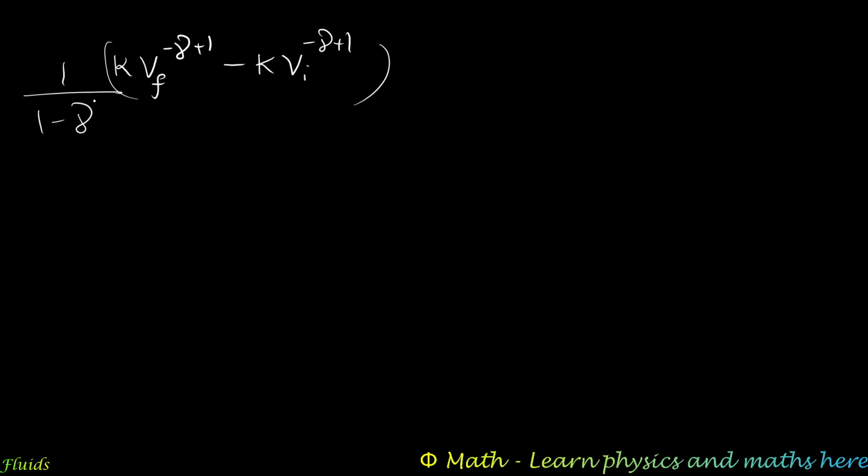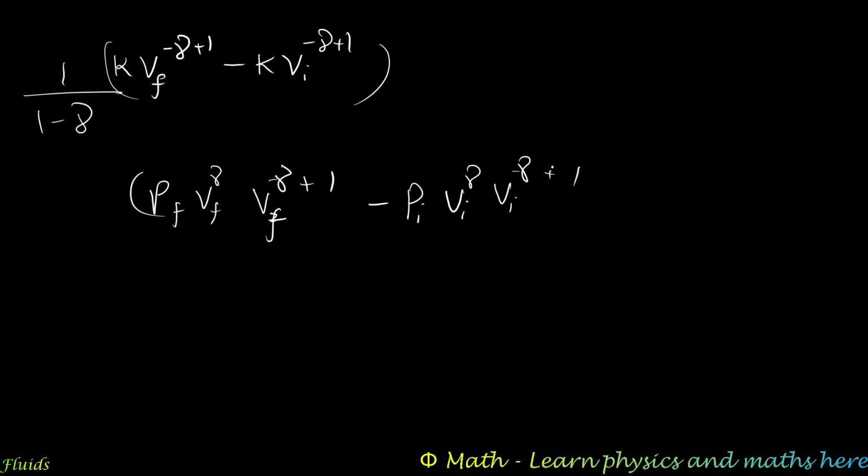Rearranging this once again and substituting the value of K, we get K is equal to P2 V2 to the power gamma, or P final V final to the power gamma, times V final to the power minus gamma plus 1, minus P initial V initial to the power gamma times V initial to the power minus gamma plus 1, and this whole thing divided by 1 minus gamma.